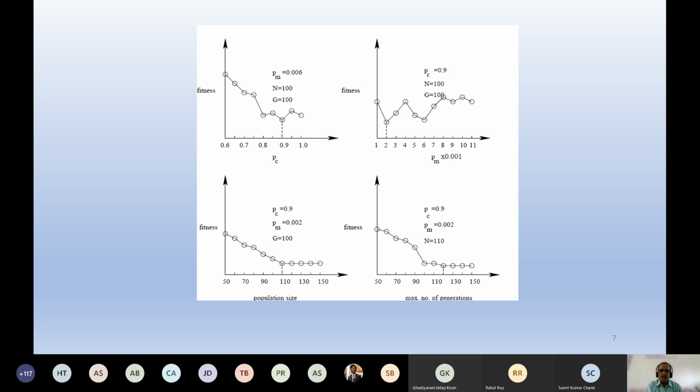You'll see that corresponding to 120 we get the minimum solution, and after that there is no improvement. So the optimal GA parameters are PC equals 0.9, PM equals 0.002, population size 110, and maximum number of generations 120.